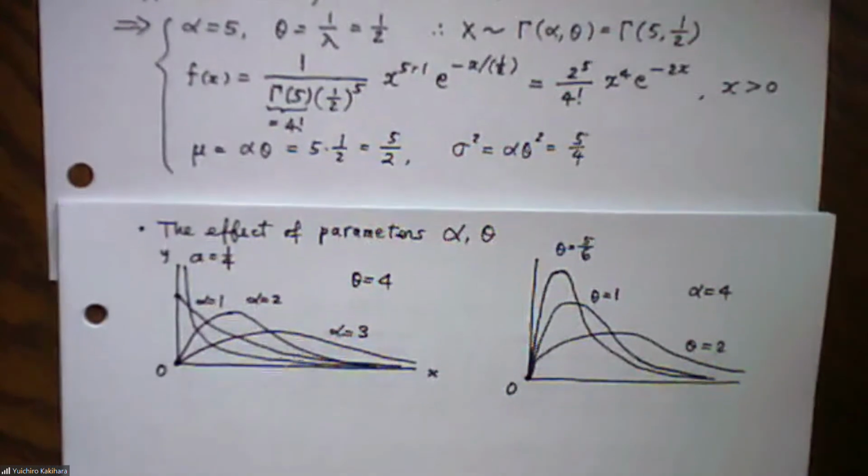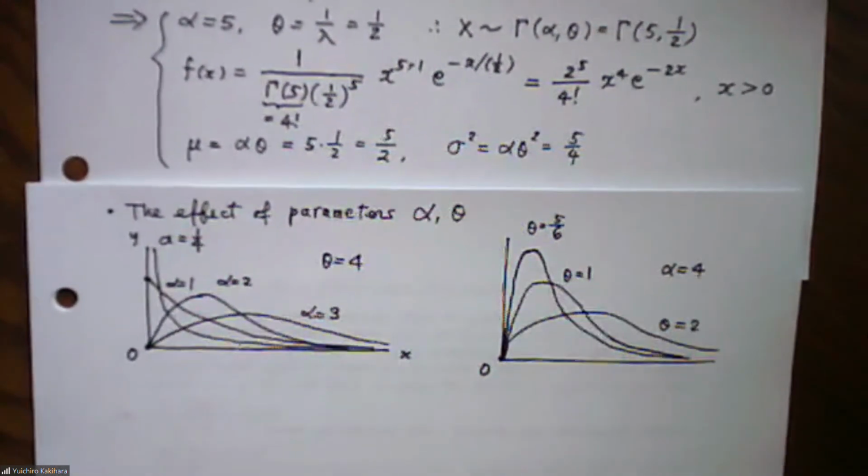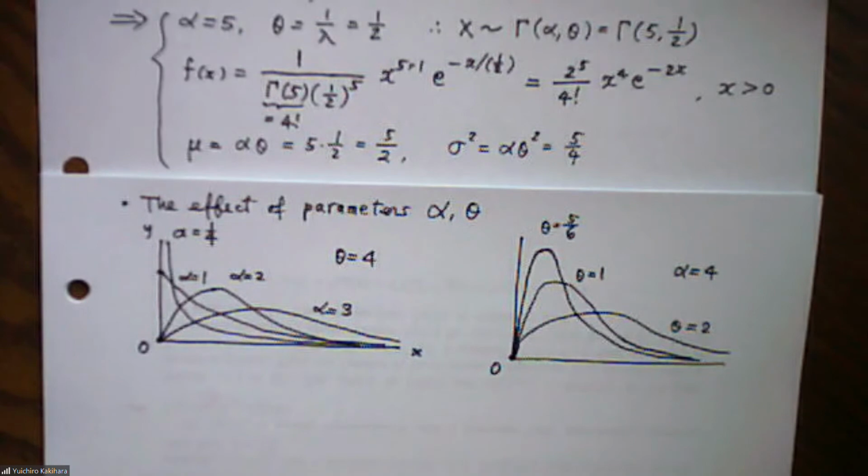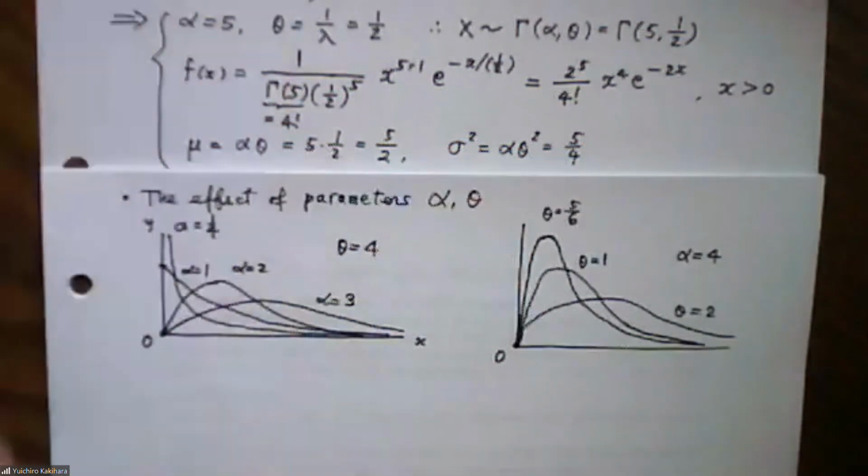Okay, and then the next one is another special case of the gamma distribution. One special case was the exponential distribution. The other case is the chi-square distribution.